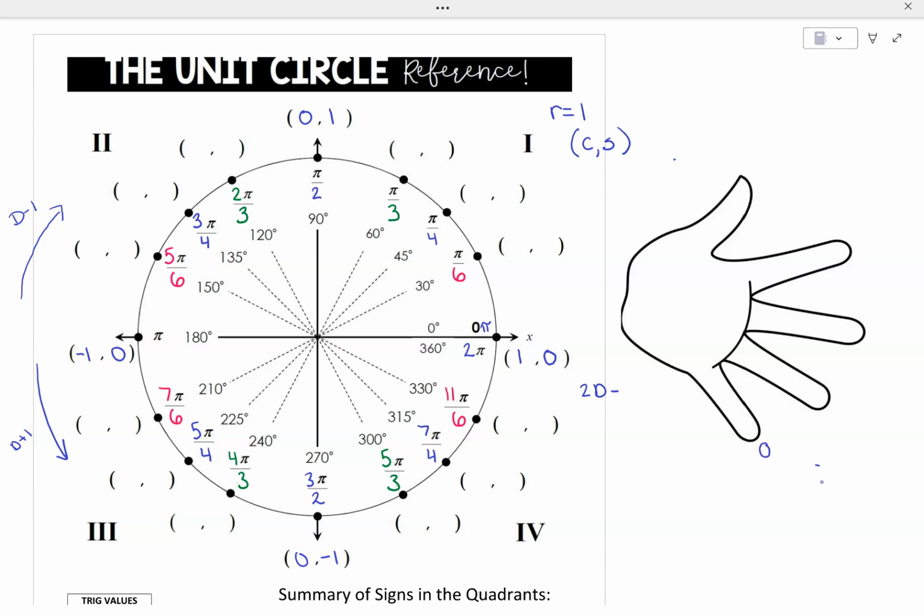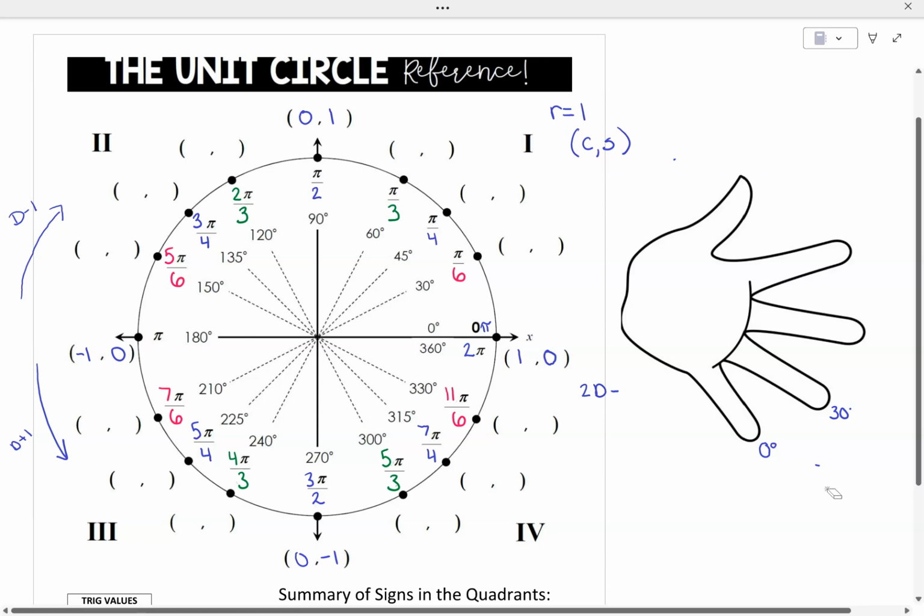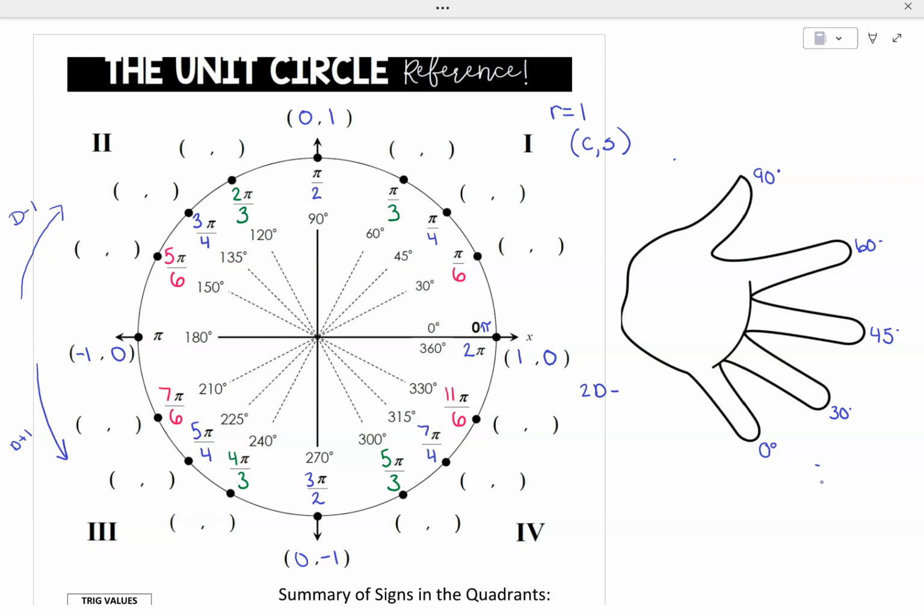When you're looking at your left hand, this is 0, this is 30, this is 45, sorry I missed 45, 60, and 90. Okay, so I did post a video that I found on YouTube. I'm not sure if you've watched it, but when we're talking about 45 degrees, which is pi over 4, you're going to look at your left hand and fold down your middle finger.